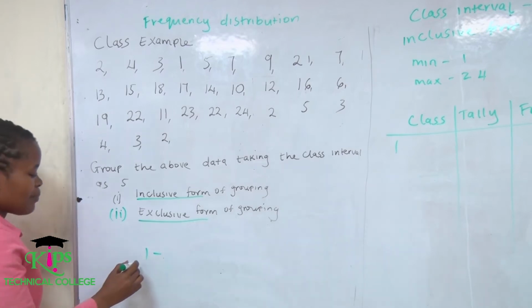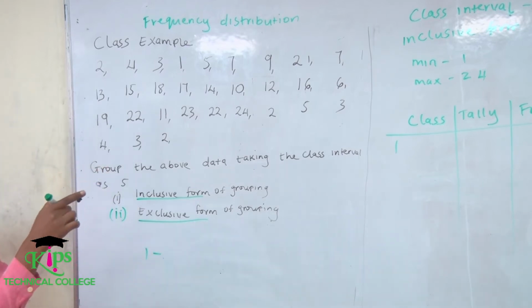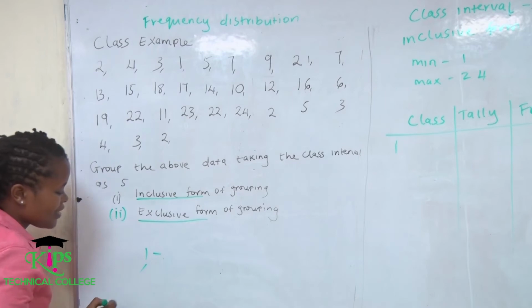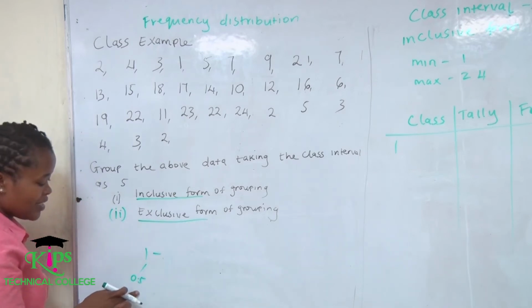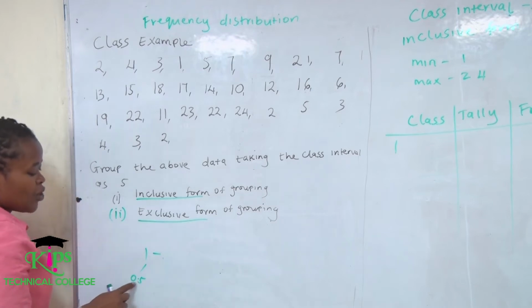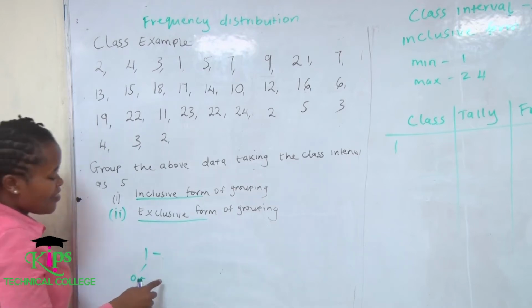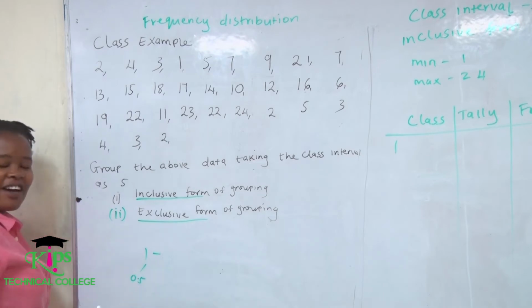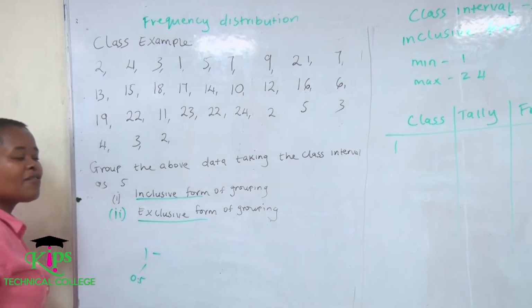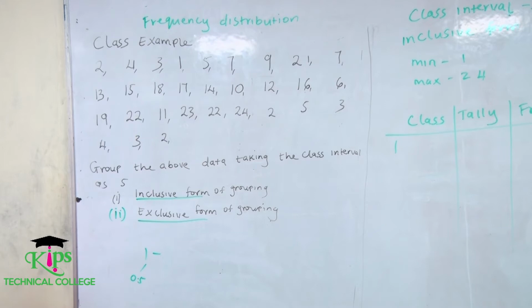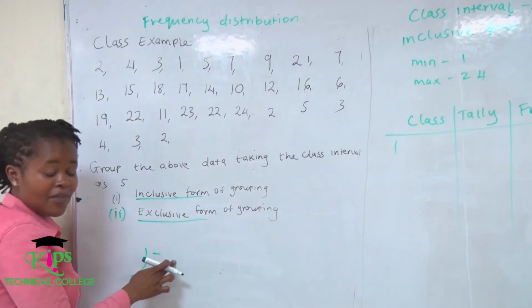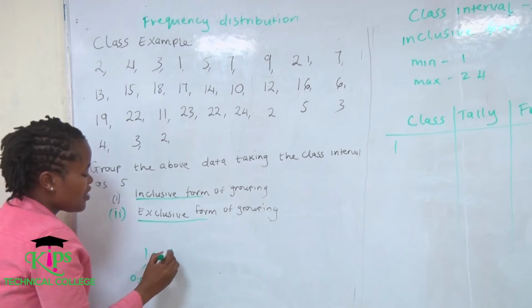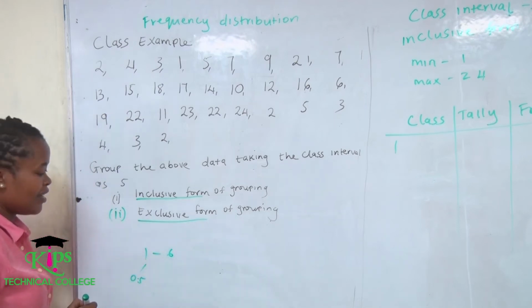remember the limit we talked about. In inclusive form, you have to consider the limits. So this will be 0.5 as our lower class limit. Then you find out which other value is supposed to give you a class interval of 5. If you say 1 plus 5, that gives the upper class limit as 6.